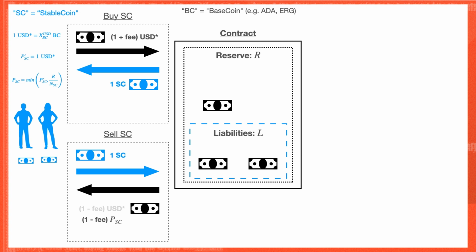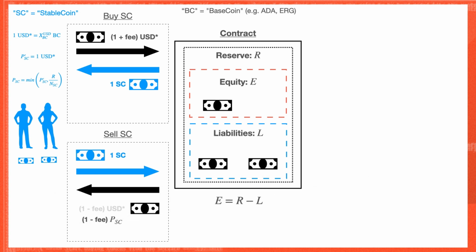Now, since every time users interact with the contract, they are paying some small fees to buy or sell stablecoins, and also because the price of the base coin may increase, you may end up having a surplus of reserves. This surplus of reserves we call equity.